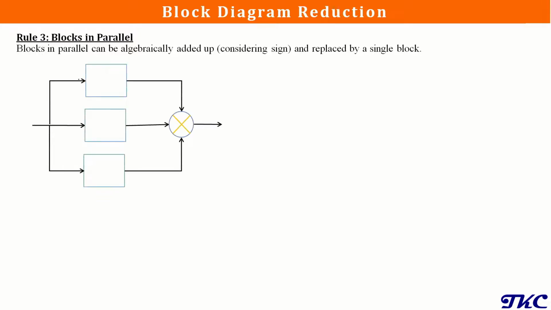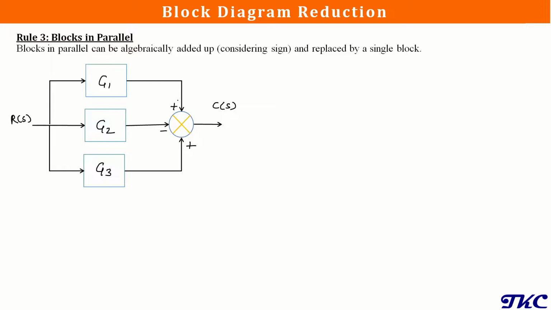Now let's see, say we have blocks G1, G2 and G3 in parallel, with input R of S and output C of S. Consider that the signal coming from G1 is positive, from G2 is negative, and from G3 is positive.